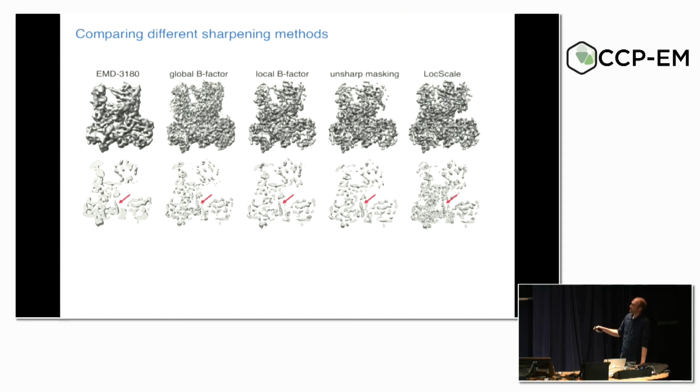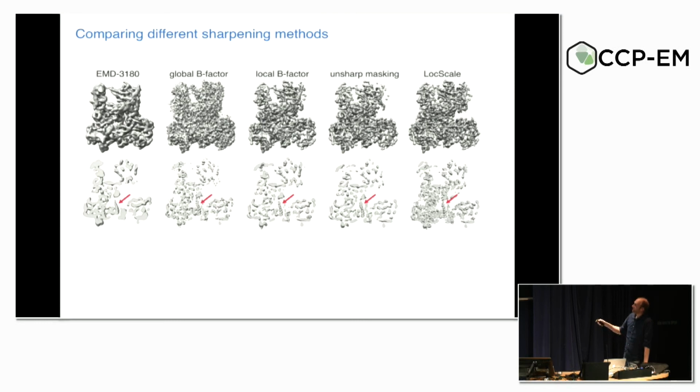Unsharp masking is yet another way of how you can do local sharpening. That's also coming from the Phenix consortium, that is not really based on physical principles, but is an image processing tool. And you can use this too. This works. So you see that in the peripheral region, you nicely display the density, but compared to the global B factor sharpening, that's probably close to the optimal sharpening factor in this region, you lose some information.